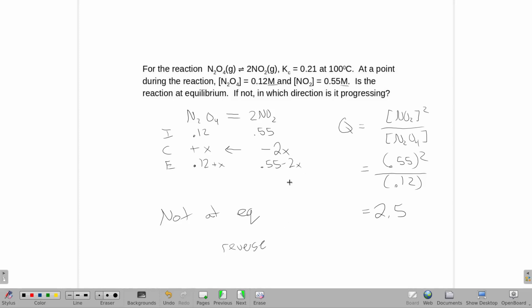Theoretically, I'm going to put this up here, we could solve for x, because we know at equilibrium that Q is 0.21. Theoretically, now that we've had our college algebra, we could solve for x there. We're not going to do it quite yet, but that's what we are going to introduce. We're going to actually introduce simpler ones at first.